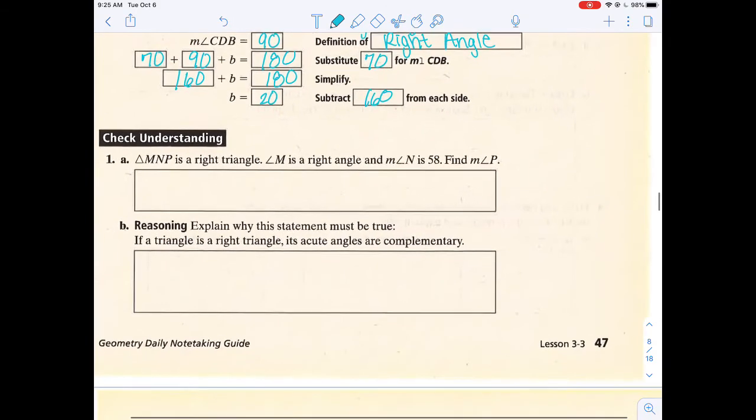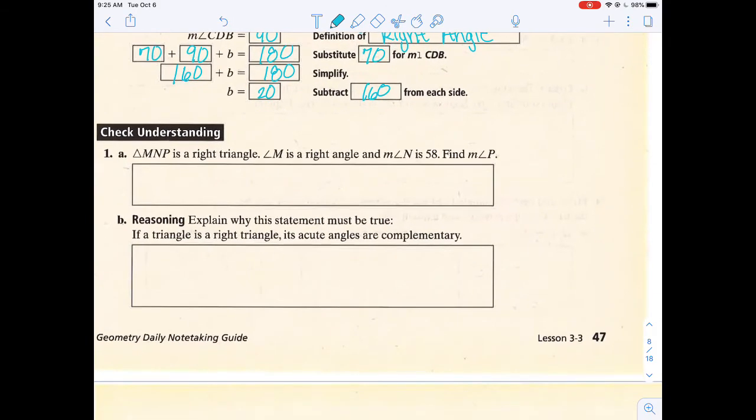Awesome. So then there are a couple check for understanding problems to do here. First one says triangle MNP is a right triangle. Measure of angle M is a right angle. And N is 58 degrees. Find angle P. Remember the triangle angle sum theorem.